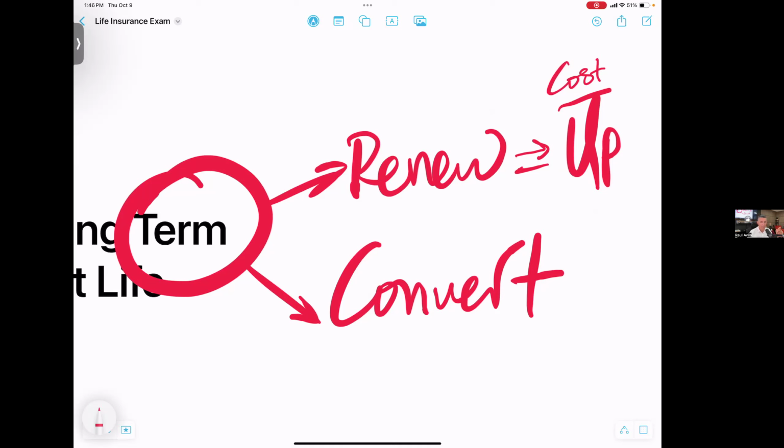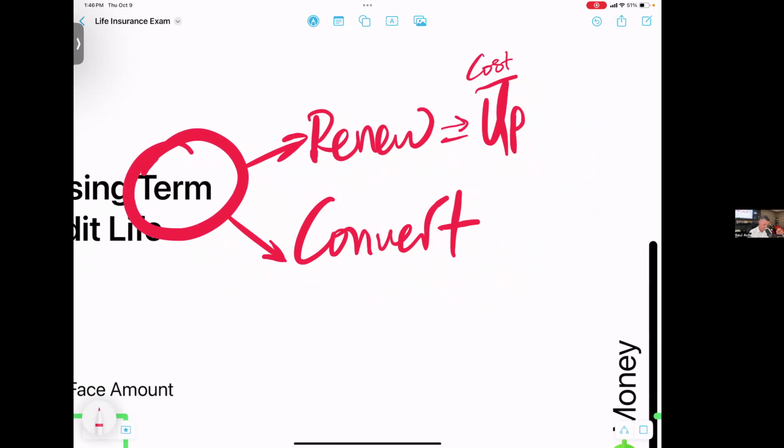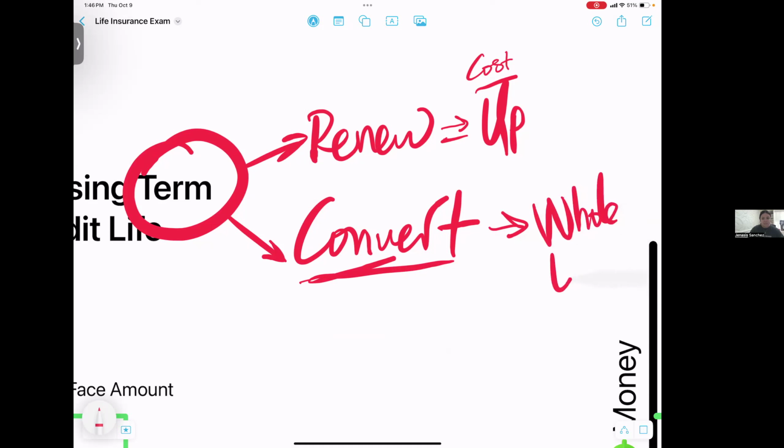Now, what happens when you convert it? Do you have to show insurability as well? No, when you convert it, you don't show insurability, but it's going to be converted to a whole life policy.